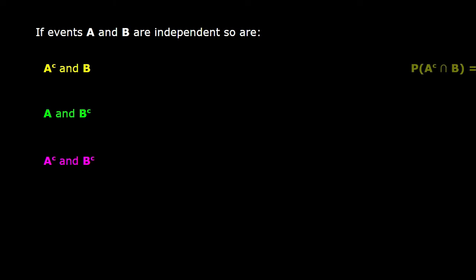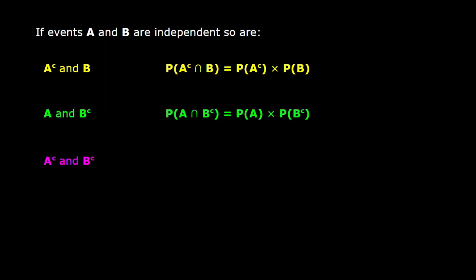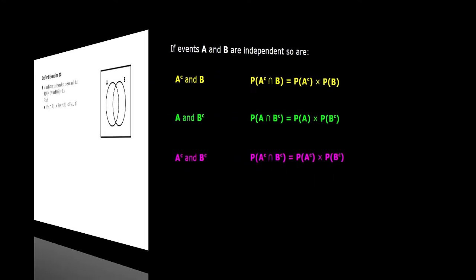You can calculate the probability of A complement and B occurring the same way you calculated the probability of A and B occurring, a product of the two probabilities in isolation, and the same with A and B complement, and A complement and B complement. So just keep that in mind, that quite often IB will tell you that events A and B are independent and then give you one of these sneakier probabilities to calculate.